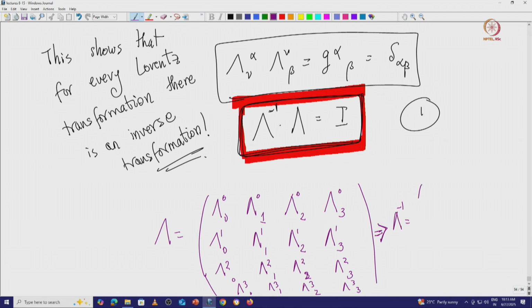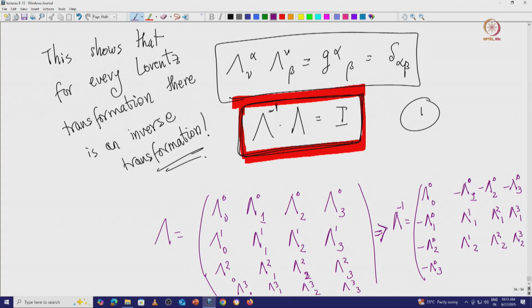So lambda inverse is lambda 0 0, minus lambda 0 1, minus lambda 0 2, minus lambda 0 3, minus lambda 1 0, minus lambda 2 0, minus lambda 3 0, and the rest of the elements will be exactly the same, except that up and down indices would change: 1 1, 2 1, 3 1, 1 2, 2 2, 3 2, 1 3, 2 3, 3 3.